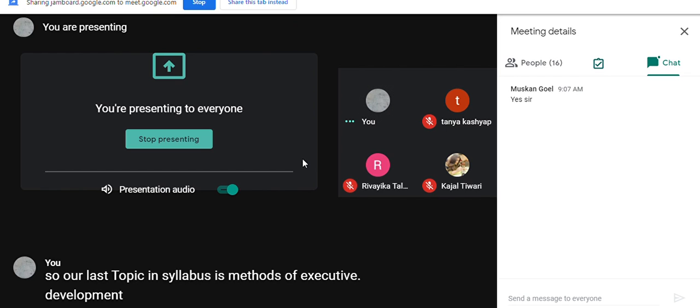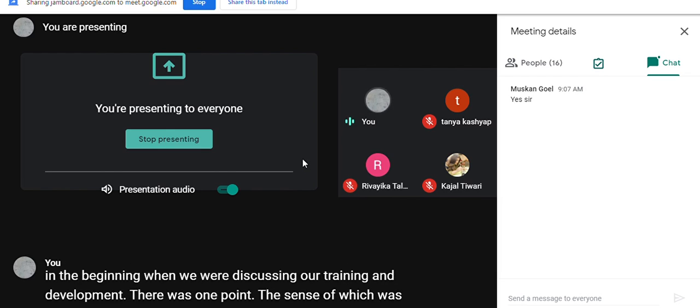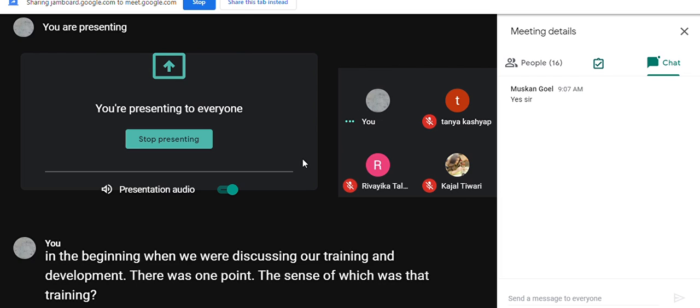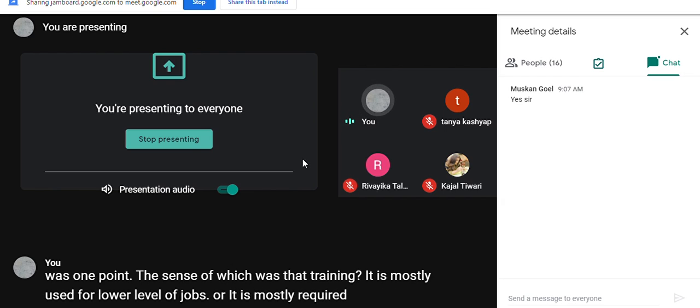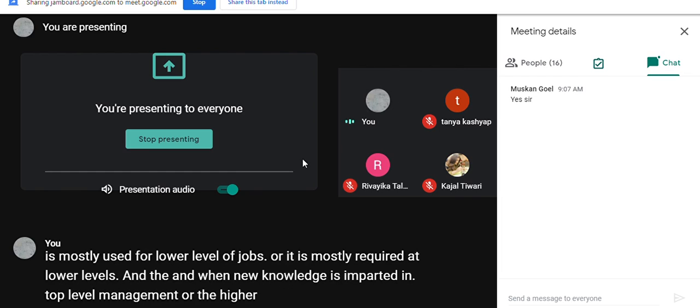In the beginning, when we were discussing training and development, there was one point, the sense of which was that training is mostly used for lower level jobs, or it is mostly required at lower levels, and when new knowledge is imparted in top level management or higher positions, it is called development.